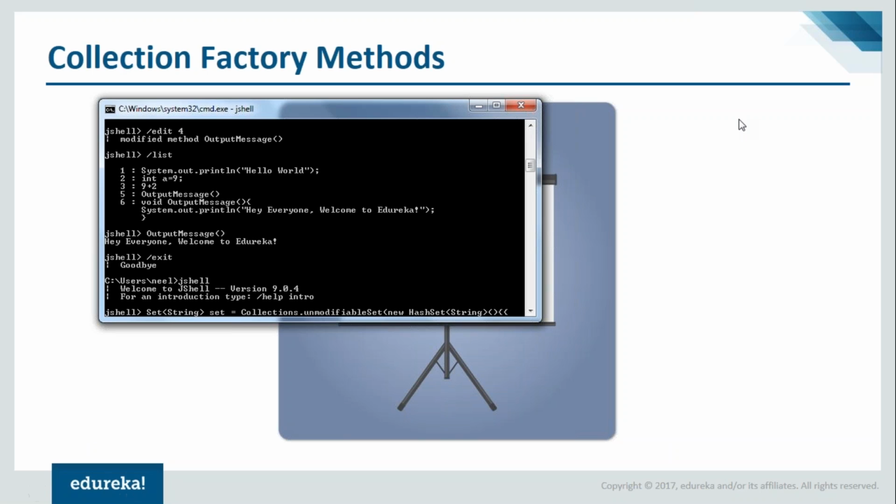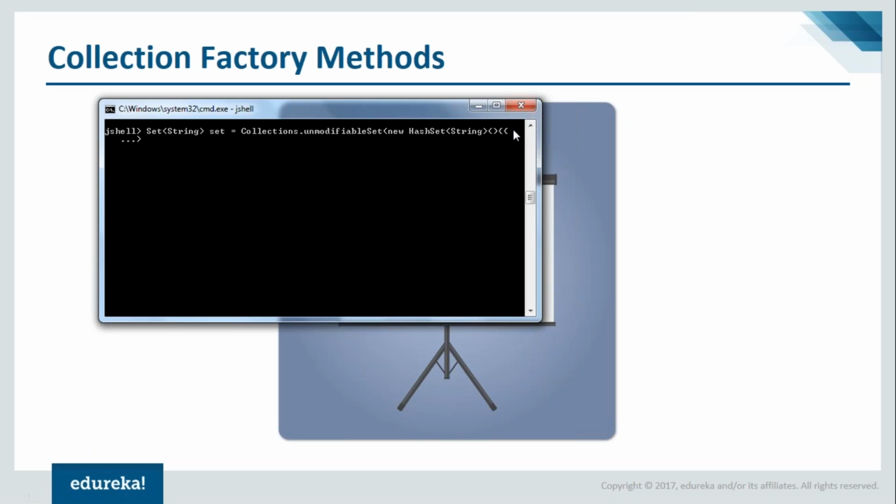Let me open curly braces for this as well. Once this is done, let me add a few items. Let's say I like fruits, so let me add apples first. Do not forget to add the semicolon. Let's say add mangoes. And let's say I'll add orange. Let me close all this and put a semicolon at the end.